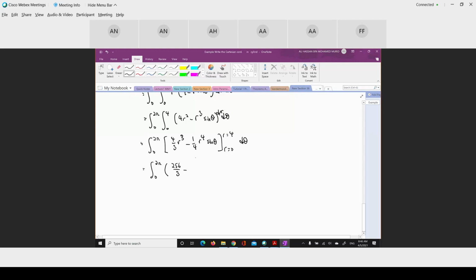Here also we have 4 to the fourth, sine theta d theta.